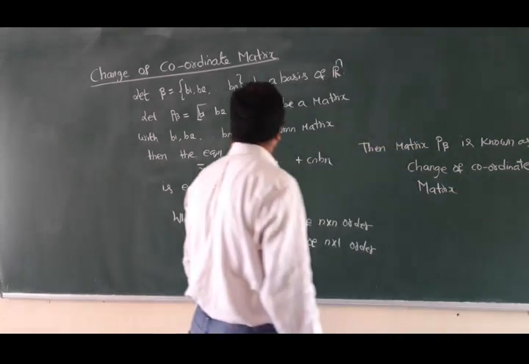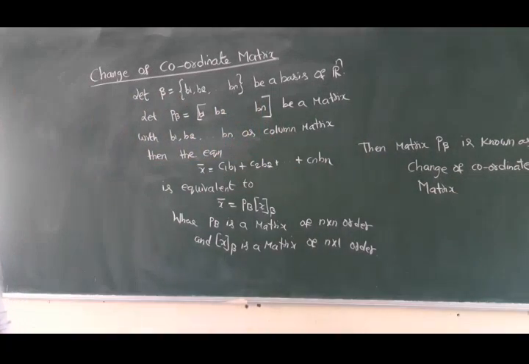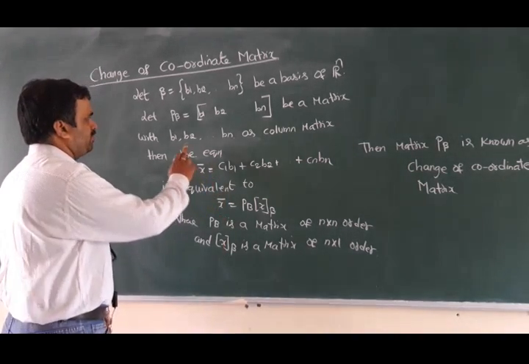So once again, here we have beta equal to b1, b2, b3, and so on, a basis of R^n, and P_beta is a matrix with b1, b2, and so on, bn as columns.